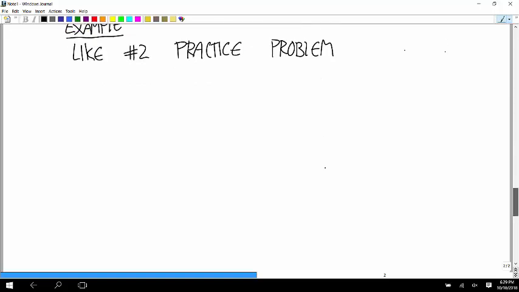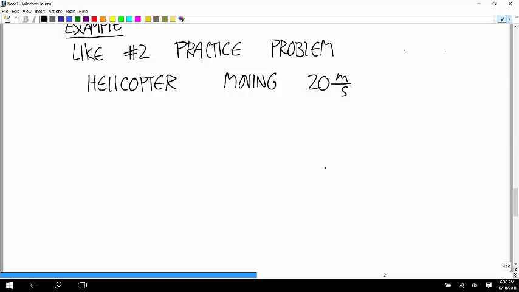Let's say that we have a helicopter traveling 20 meters per second at an angle 5 degrees below the horizontal.